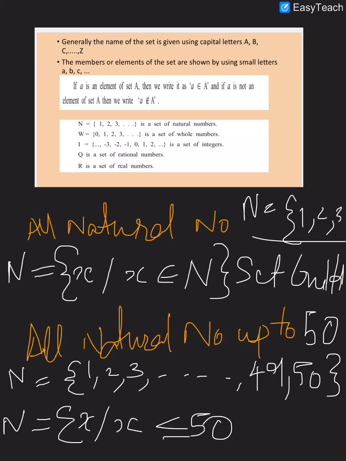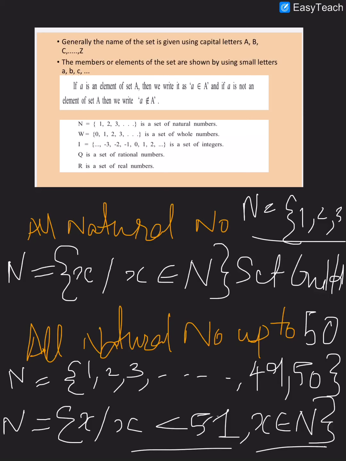We can also write it as numbers less than 51. Since we need 50, we can write x such that x is less than 51, and the second condition is x belongs to N. It is a natural number up to 50, so it must be less than 51 and x belongs to N. Here are the two conditions, represented using x within the braces. So these are the two methods of writing: roster form or listing form, and set builder form.